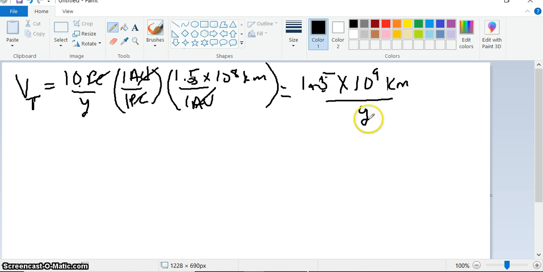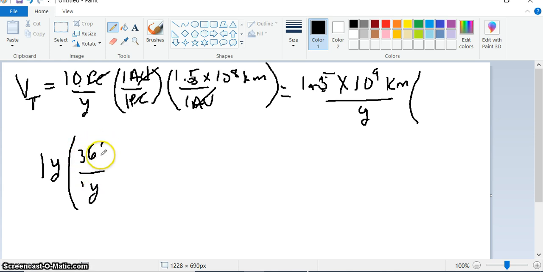Then you can convert a year to seconds. That's actually pretty simple. In 1 year there are 365 days. It's not exactly 365, it's closer to 365.26.